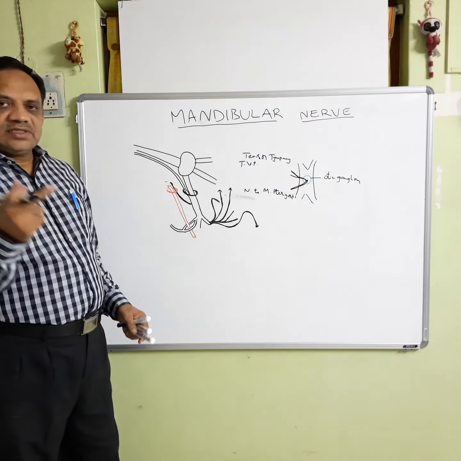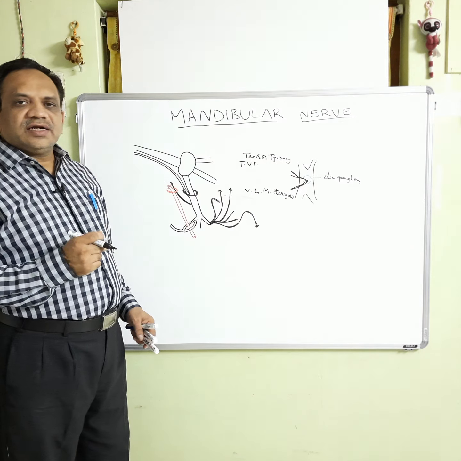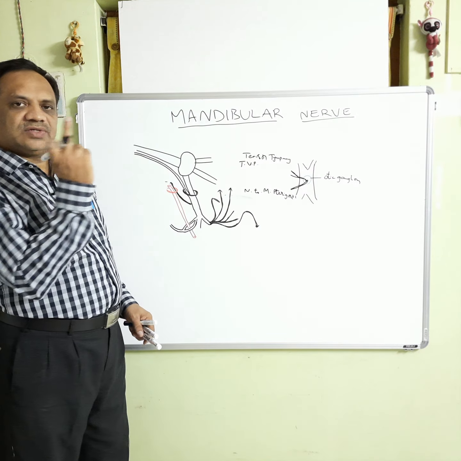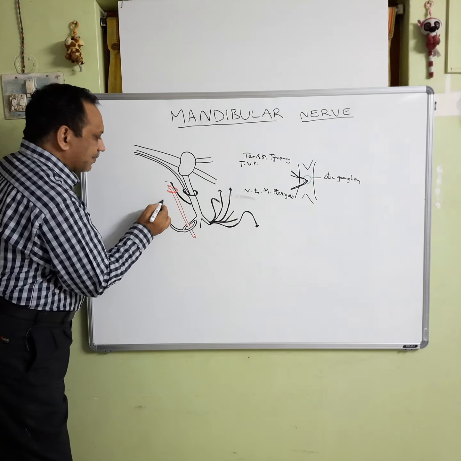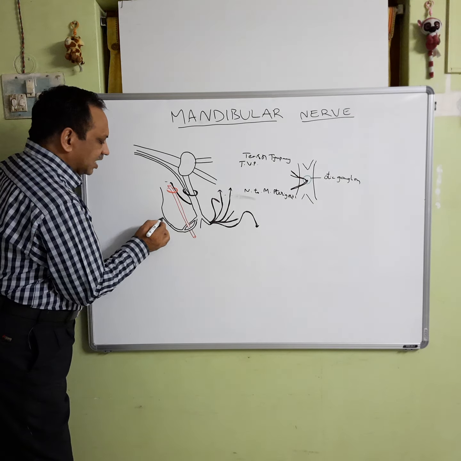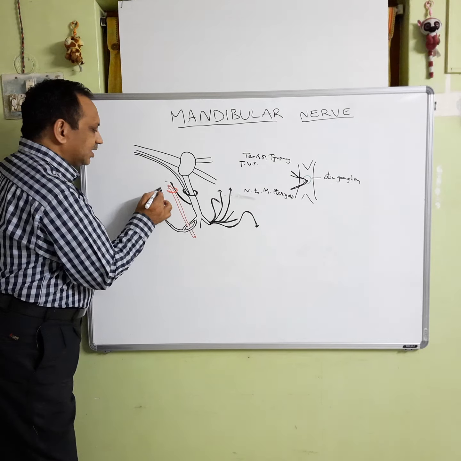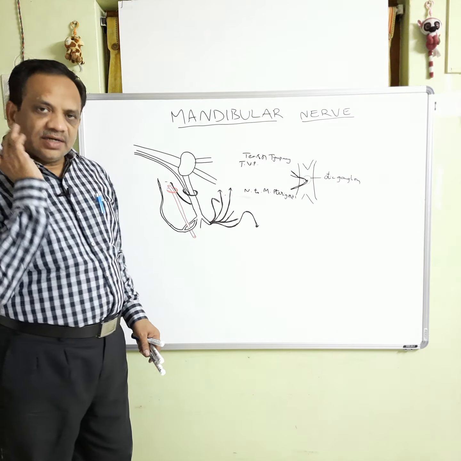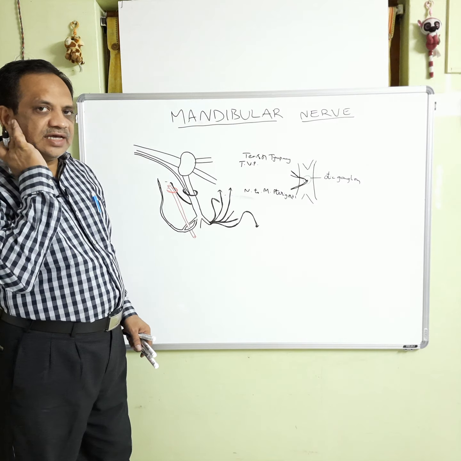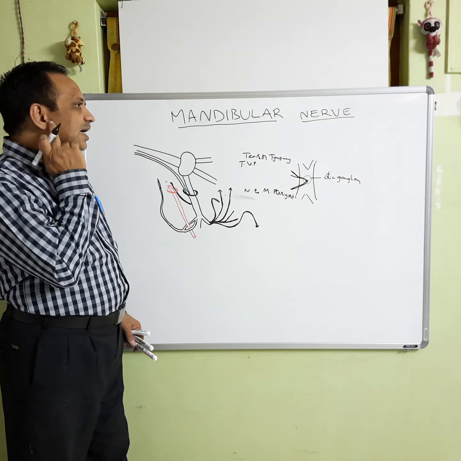It travels along the upper border of the lateral pterygoid muscle, then curves around the temporomandibular joint and ascends up. After curving around the joint, it comes near the upper pole of the parotid gland. The parotid salivary gland is here, so it comes out like this and ascends up.